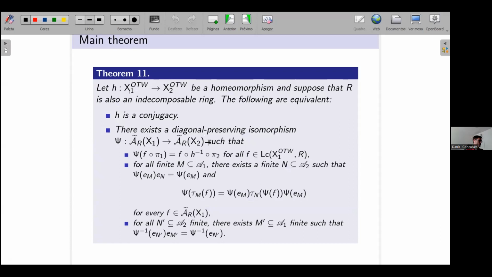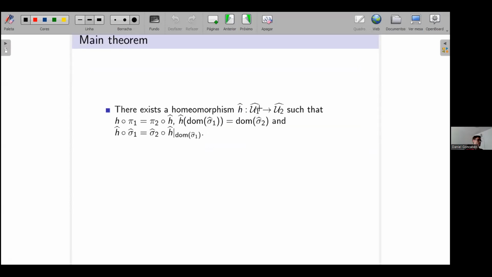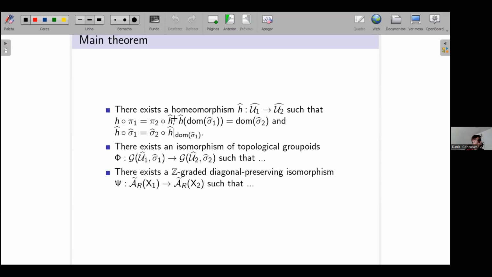Yes, exactly. If you just start with a homomorphism of this U hat, and here we have the pi's, which are the projections, then I think yes. We have the groupoids too. I didn't write the conditions for the groupoids, but they should be there also. I think we might be able to get results without the pi's.